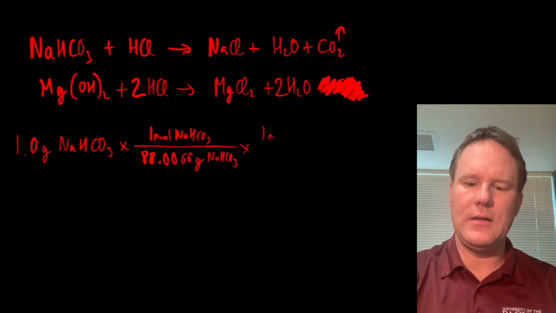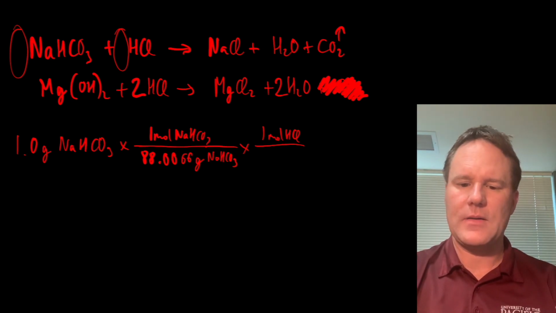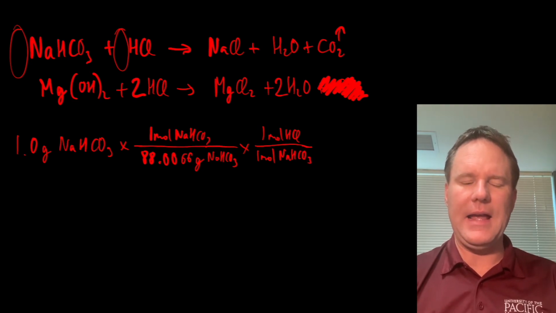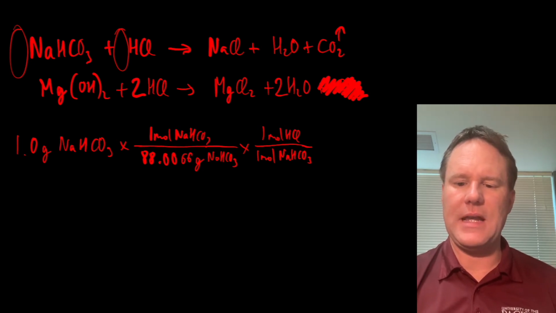They react 1 to 1 with HCl. This is a 1 and this is a 1. So 1 mole, wow, this is long writing out the bicarbonate. So now I have converted from gram to mole and from mole to the moles of the HCl.